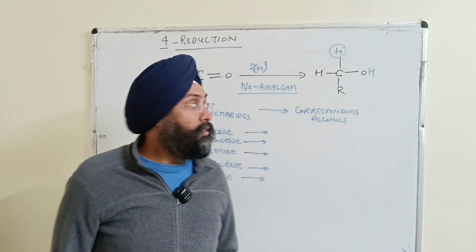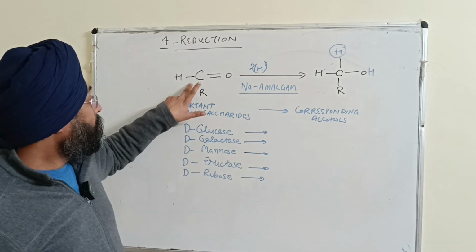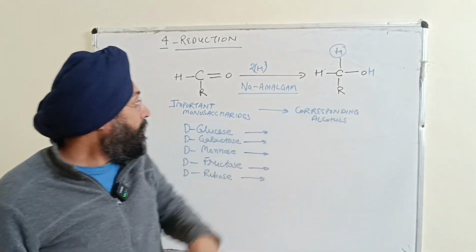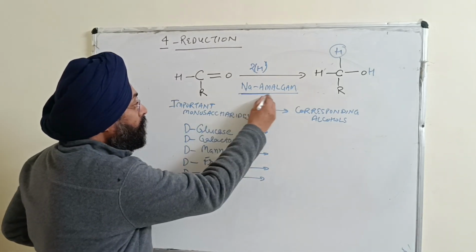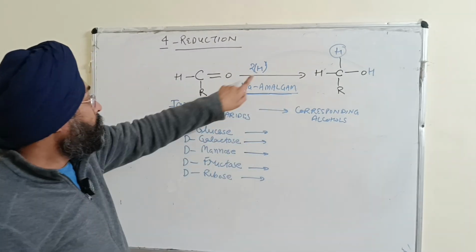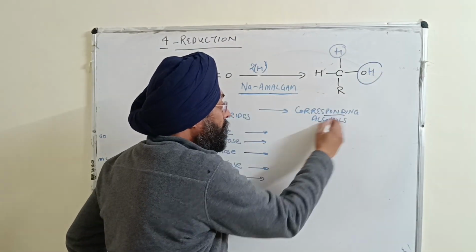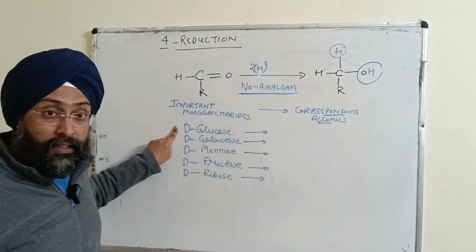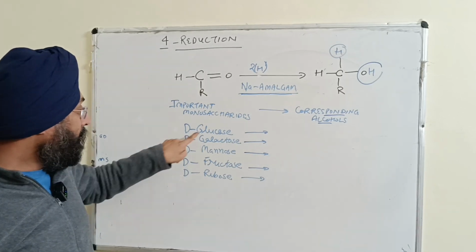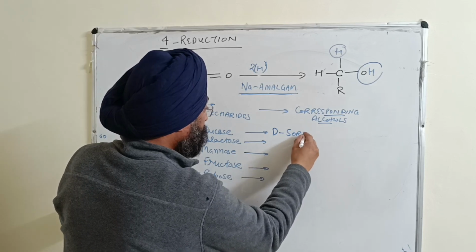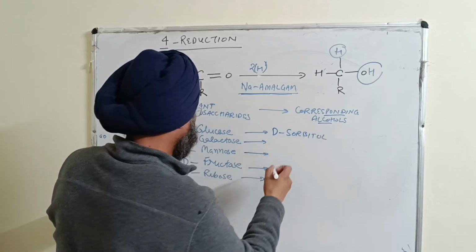Now in reduction reactions, the aldehyde or keto group is converted to its corresponding alcohol by strong reducing agents like sodium amalgam, right? So 2H are added and it is converted into its corresponding alcohol, right? So let's discuss some examples of common monosaccharides like glucose. Glucose is converted to D-sorbitol.